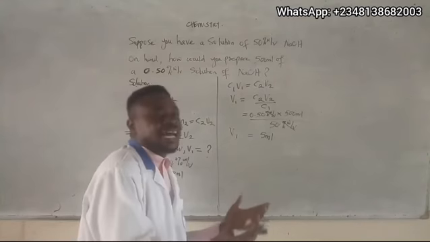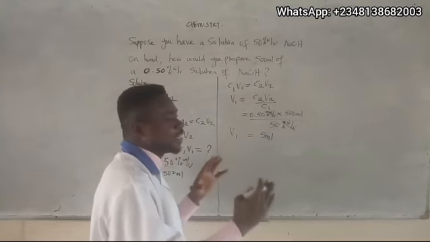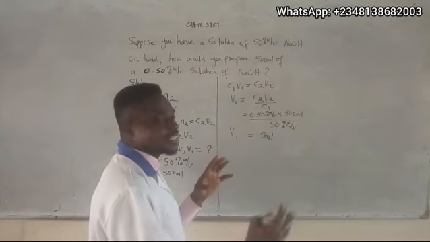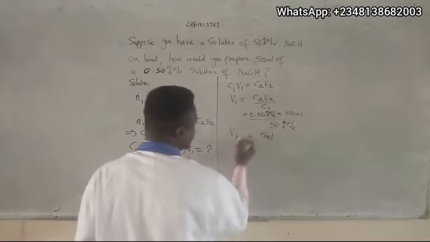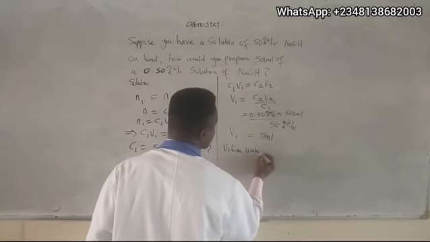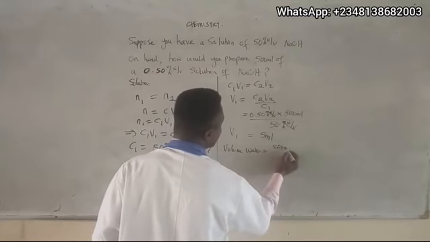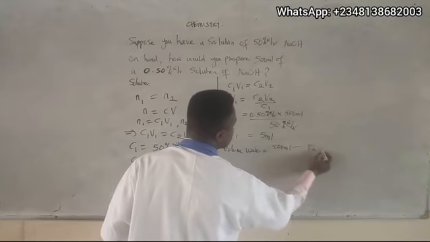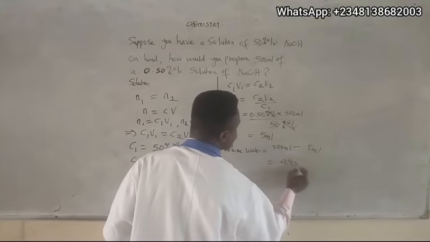So in a nutshell, if you check well, the volume of water you added will be around the final volume, 500 ml, minus the volume you started with, which gives 495 ml.